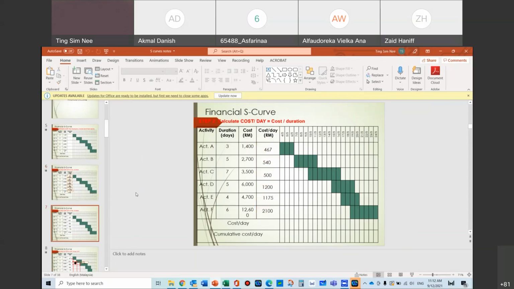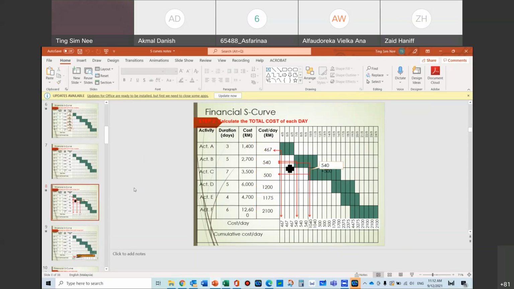So then after that you will do cumulative. I skip this slide because this one is based on this. They do an average, but like I said, if you don't do an average, you actually split it up differently across the board. The next thing is you go down, just like your resources histogram. You go down, and this is the amount that you have, costing per week or per month or whatever.